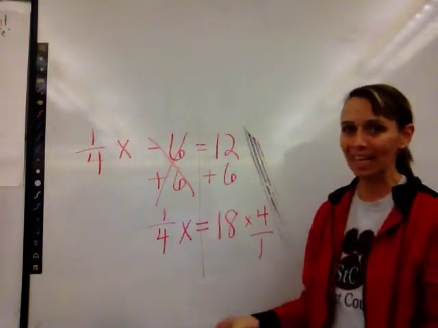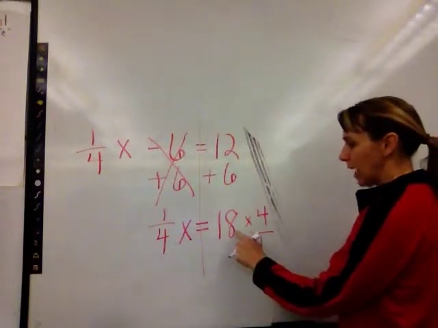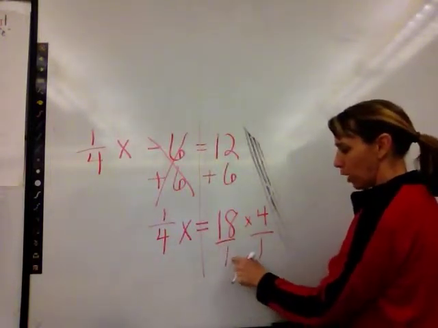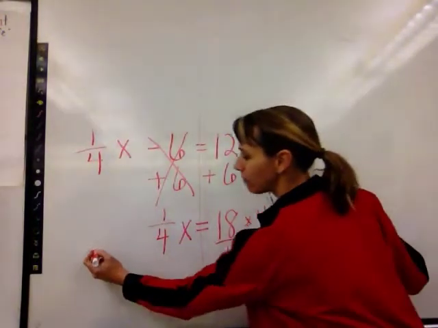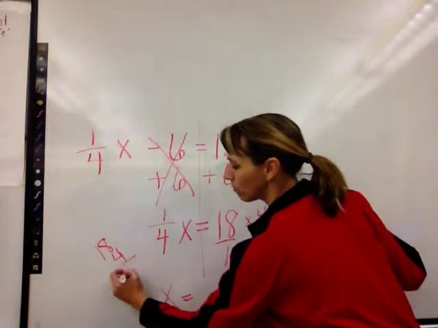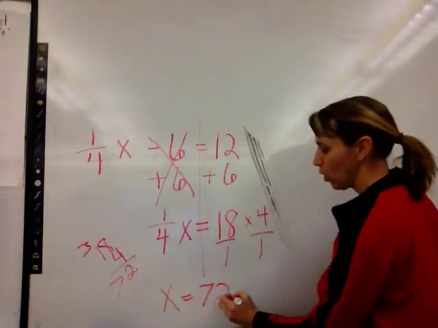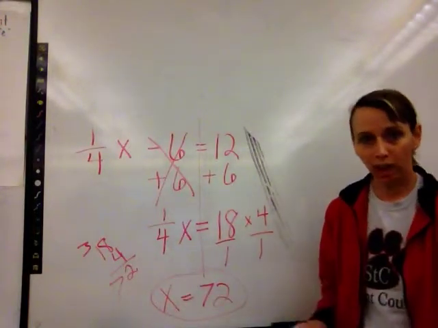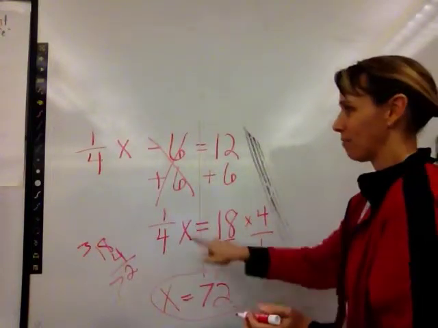I don't know my 18s very well, so I would pull out a calculator. 18 times 4 is my top number, and 1 times 1 goes on the bottom. My answer looks like 72 over 1, or just 72.